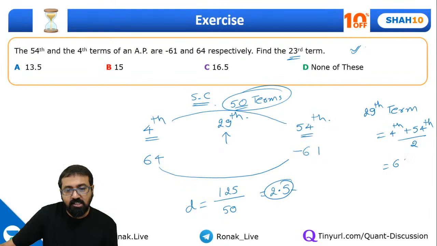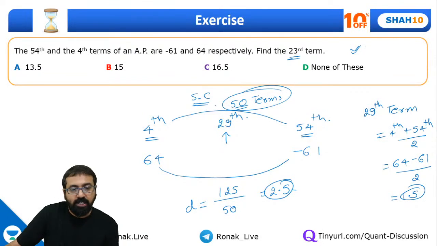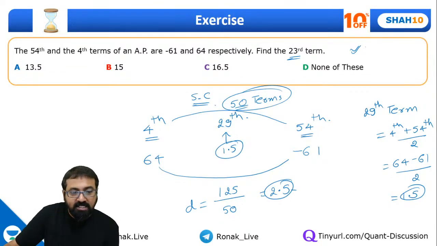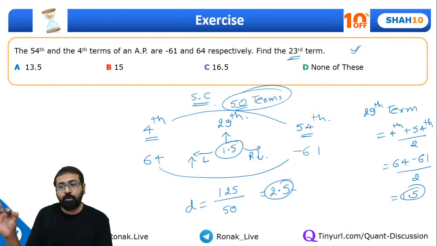So that means 64 minus 61 divided by 2. It will come out to be 1.5. So this 29th term is 1.5. As simple as that. Now please understand, if I go in the left direction, it will increase. If I go in the right direction, it will decrease, because it's a decreasing arithmetic progression.